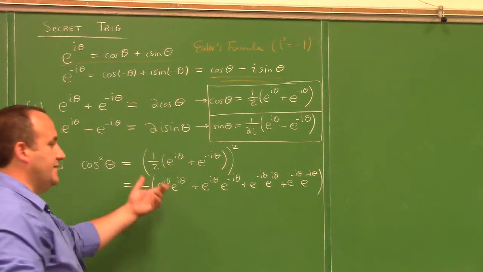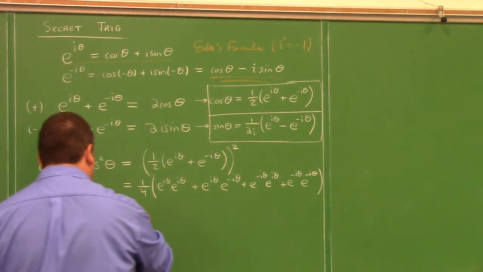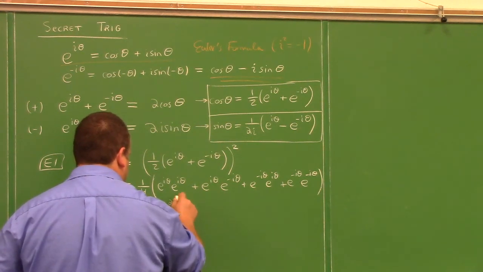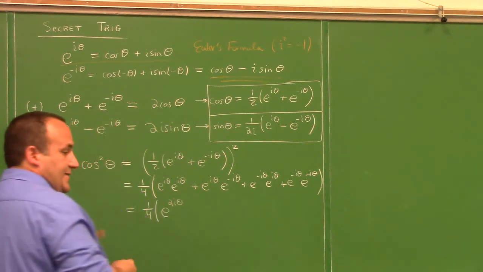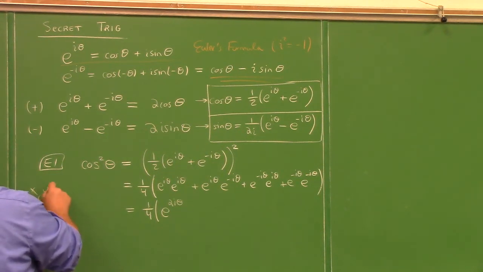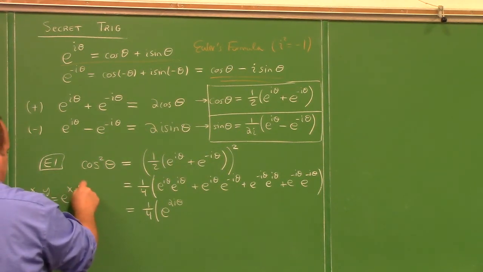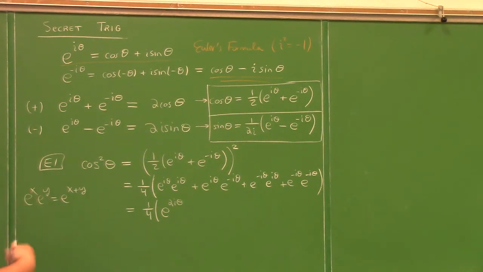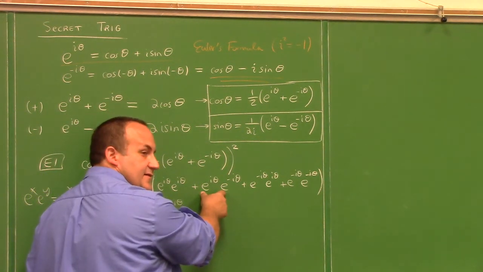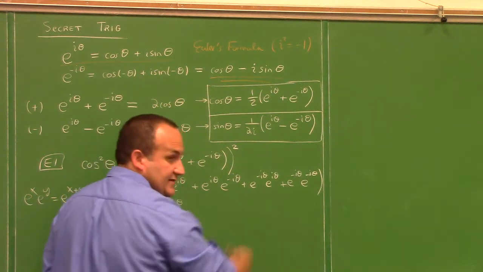So what's e to the i theta times e to the i theta? Well, that is e to the 2i theta. You add the exponents, right? You remember, e to the x times e to the y is e to the x plus y. This is still true when x and y are imaginary, actually. And so this gives us e to the 0, and this gives us e to the 0.